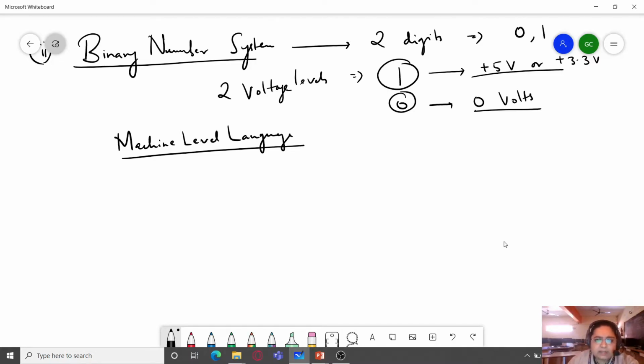So there is a conversion between this machine language and our language, that is a high level language. So we are able to represent all the quantities in the binary number system.